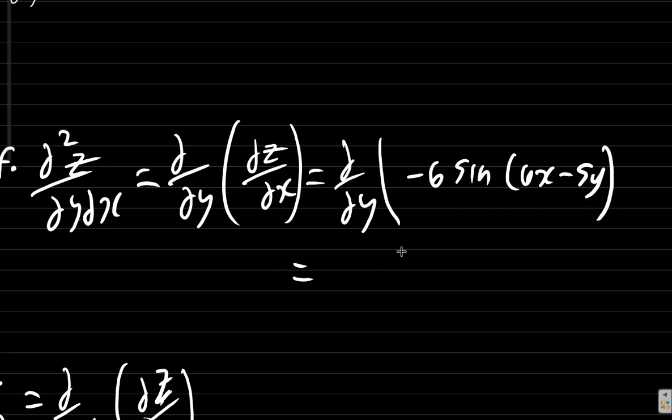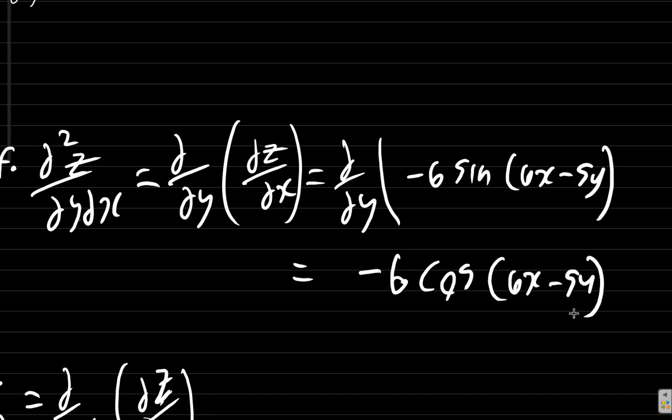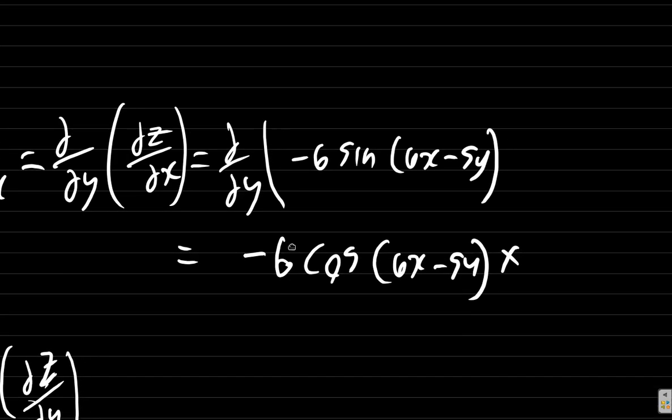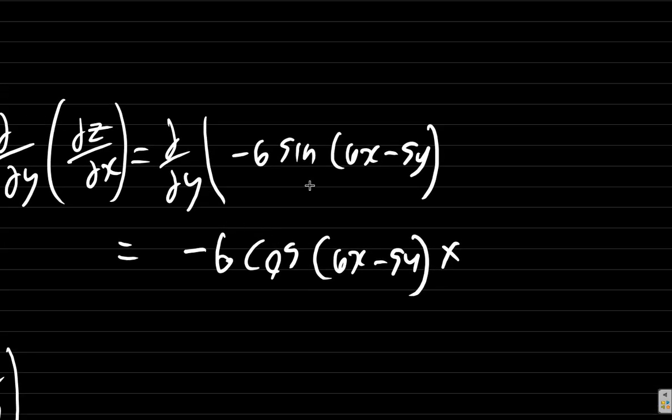Alright, so what is this equal to now? You have negative 6 sine of something. When you differentiate the sine of something, you get the cos of that thing. So it's negative 6 cos 6x minus 5y times, now you're differentiating with respect to y. You're differentiating the inside function with respect to y, and this is the inside function.